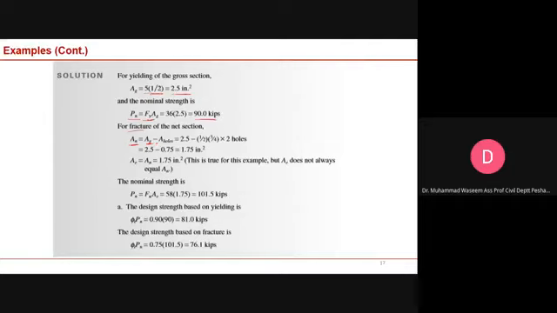We have to subtract the hole area from the gross area. This is the gross area, and you have to subtract the hole area, where this is the thickness of the plate. What is the hole dimension? Just give me a moment.